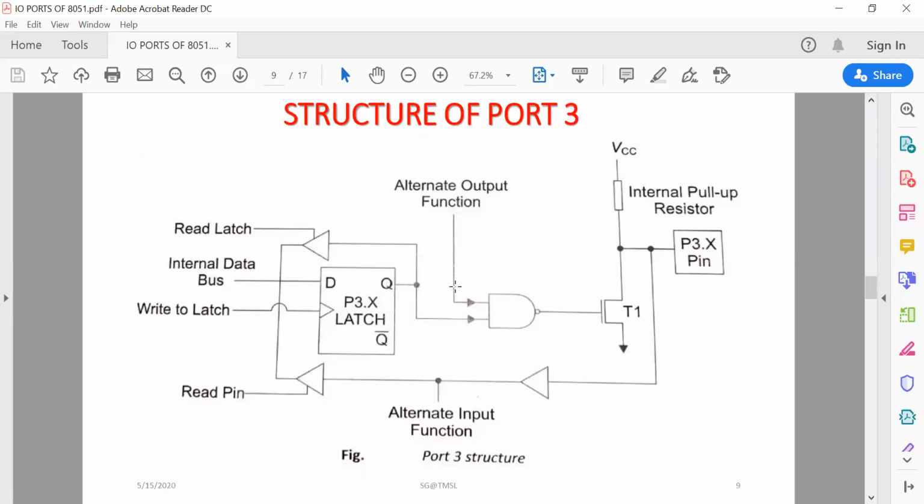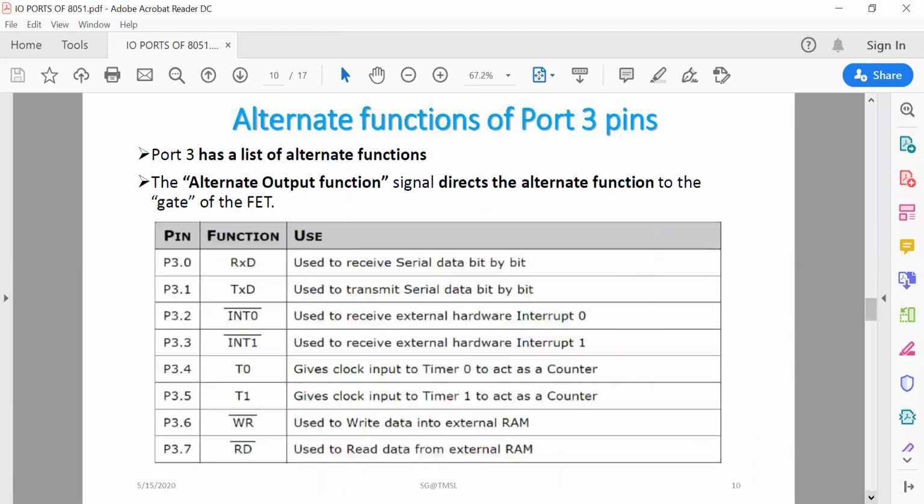Let's see the structure of port 3. This part will be the same in this case. The alternate functions are different.